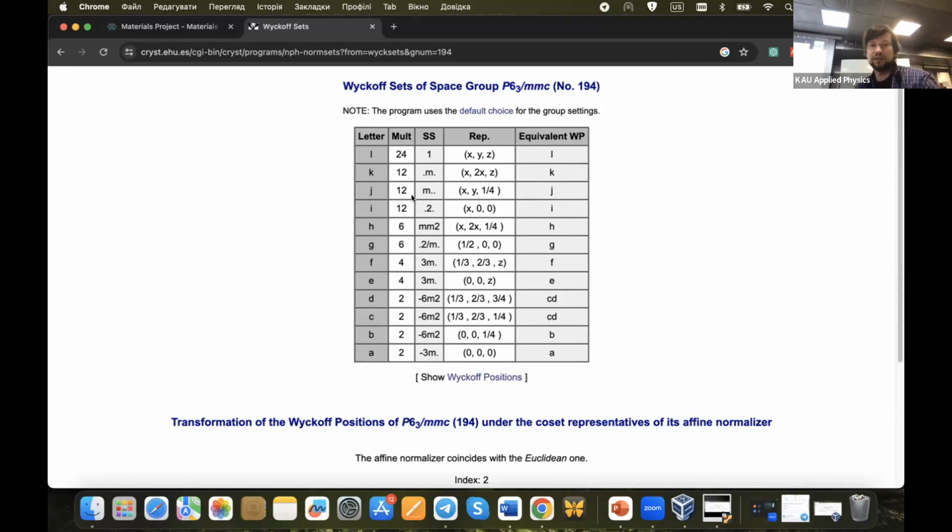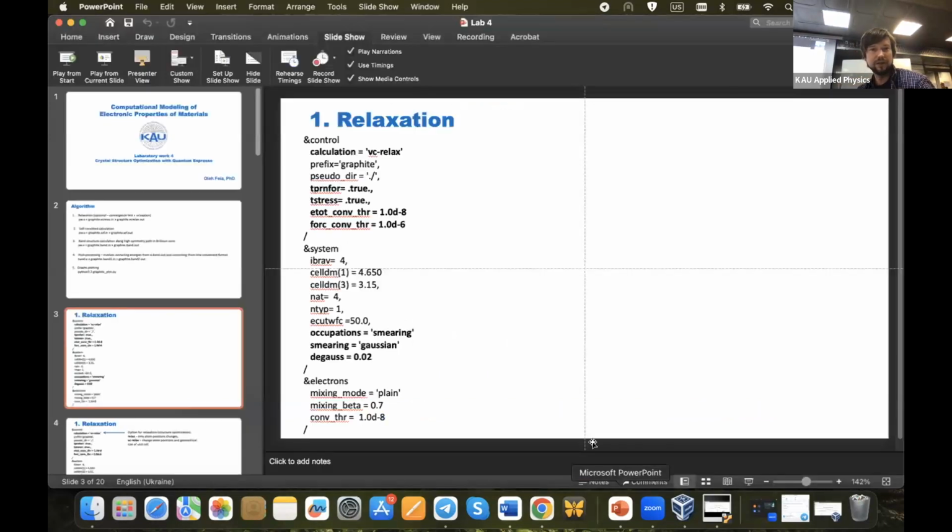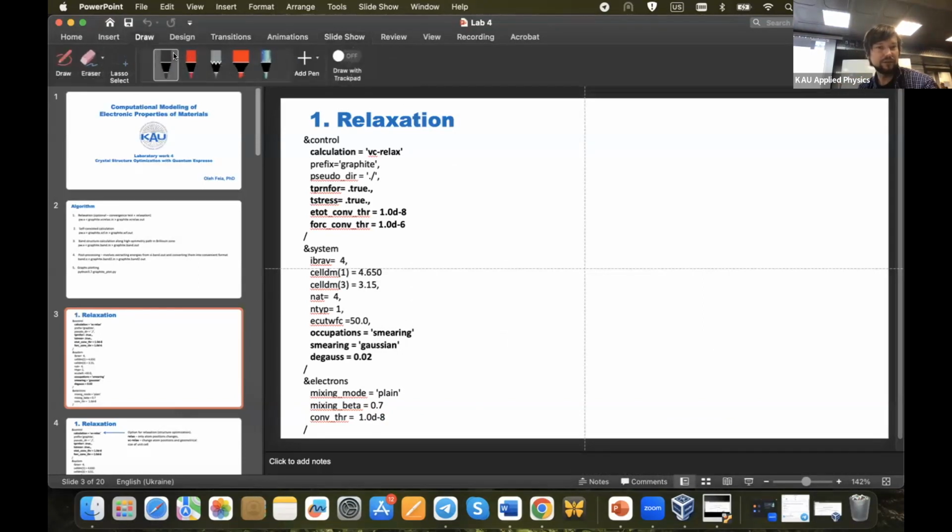And you see the symmetry -6m2. What does it mean? The 6 means how many times we can rotate our structure. Maybe I can draw it.